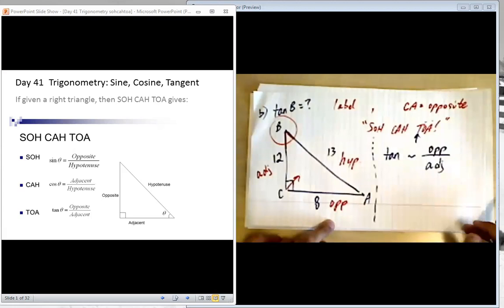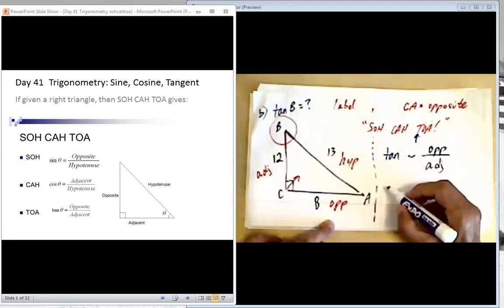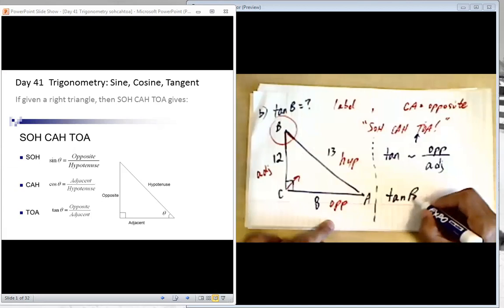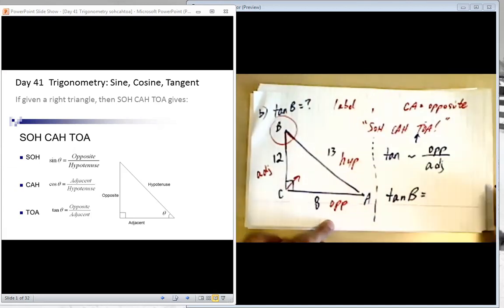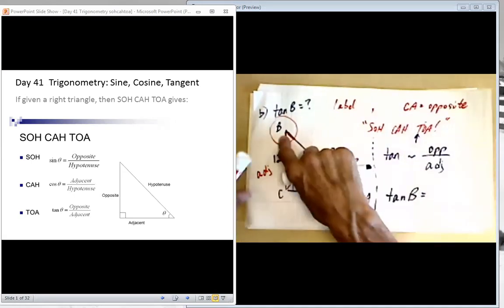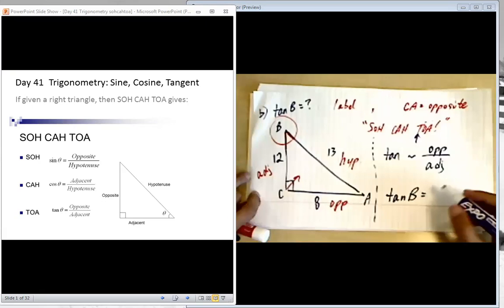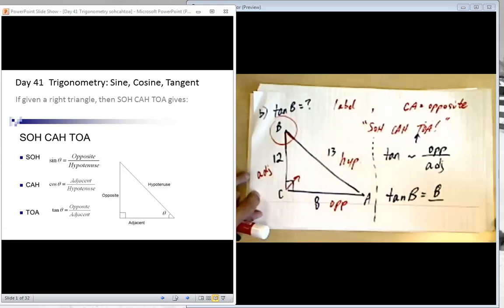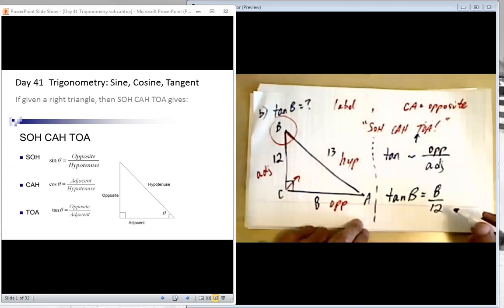But to finish it up, for this question, tangent of B is equal to opposite on the top, and the opposite of angle B is up there. It's 8. And the adjacent side is 12. Sure, 4 times 2.